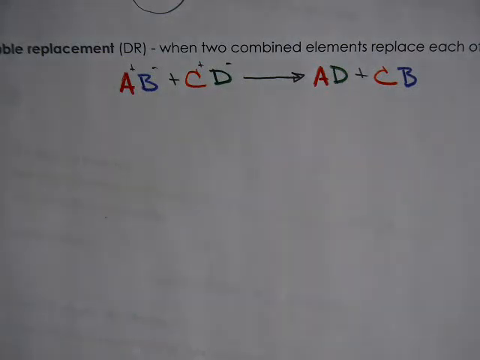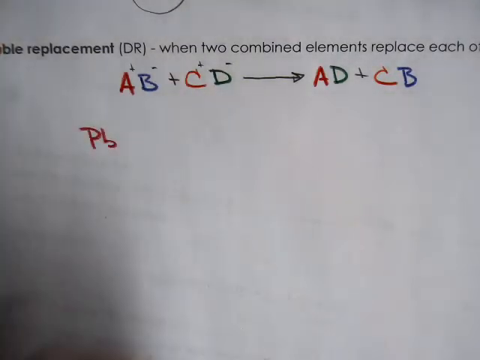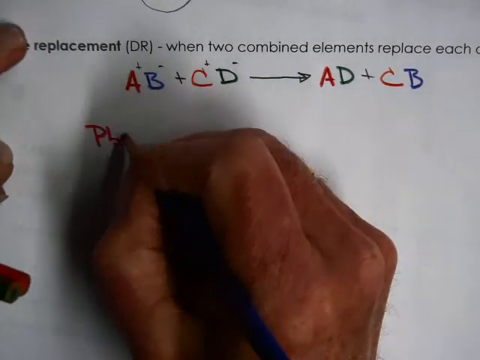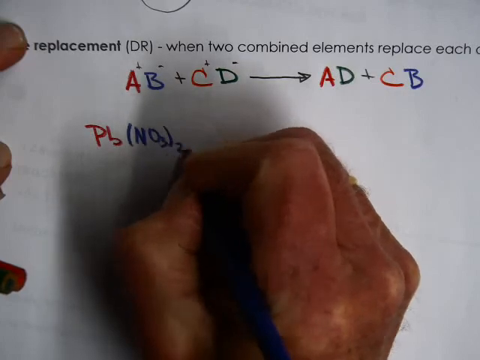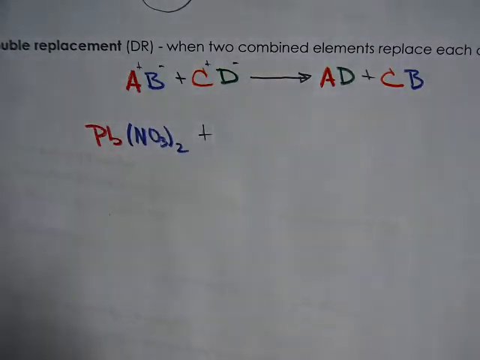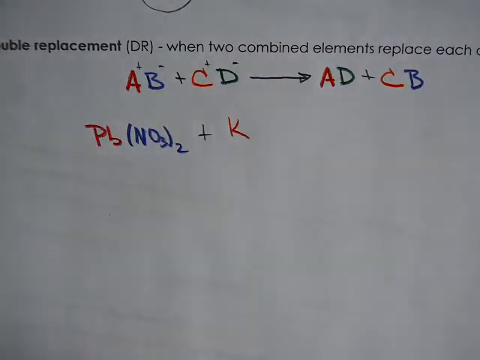So my favorite demo for this is if I take lead nitrate, which is Pb. Oh yeah, I can do this. We can do this next time. Pb(NO3)2, and I combine this with potassium iodide. So potassium iodide is just KI.